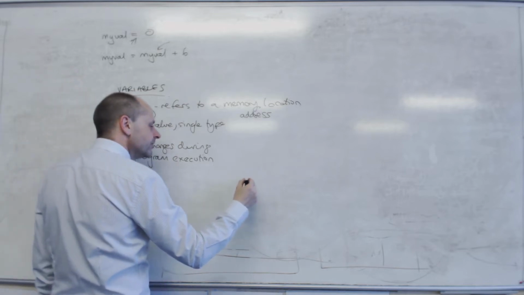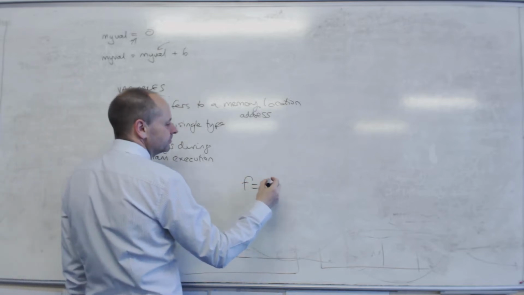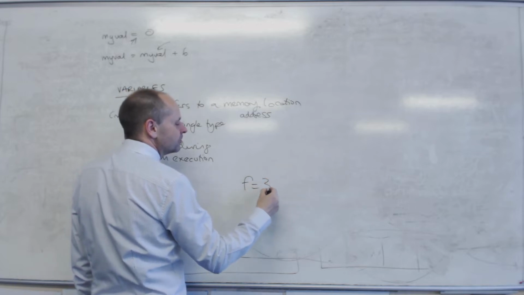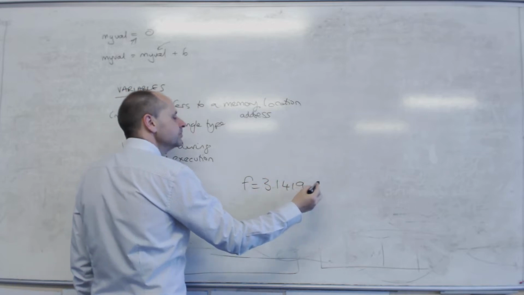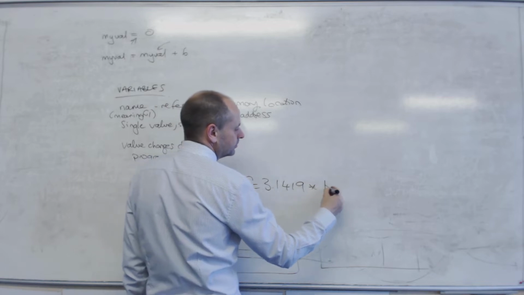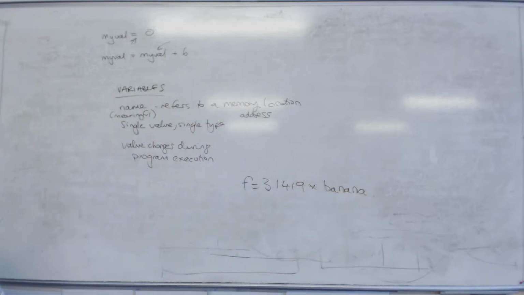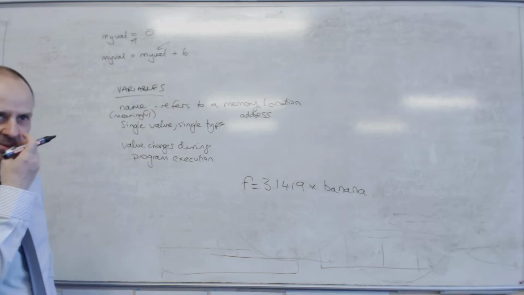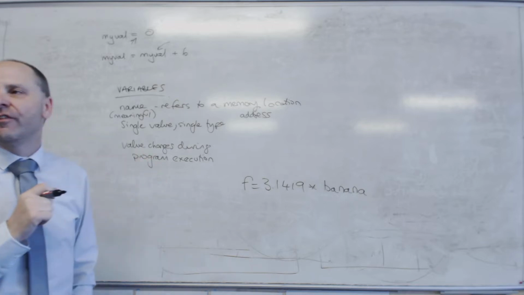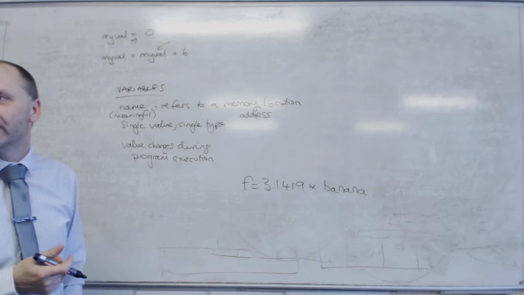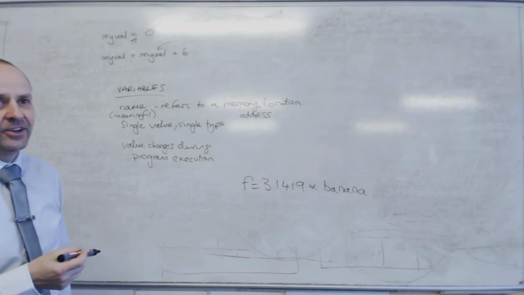I wrote this. And I'll tie something else with it as well. So f equals 3.1419 times banana. Okay? Standard formula for calculating the circumference of a circle. Okay?